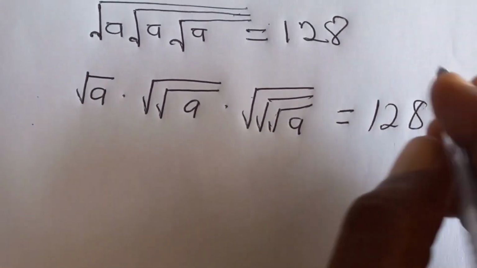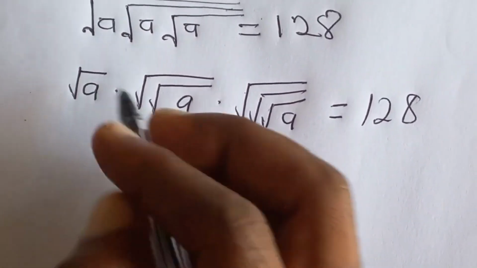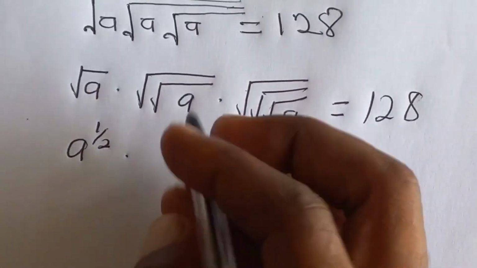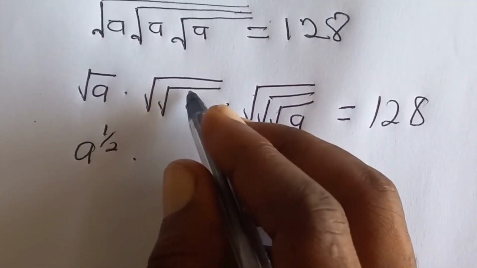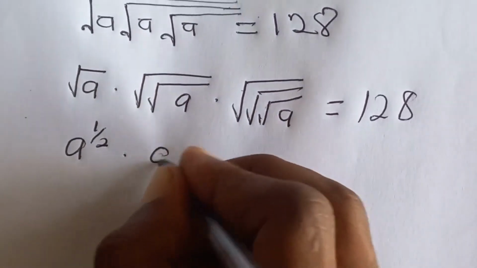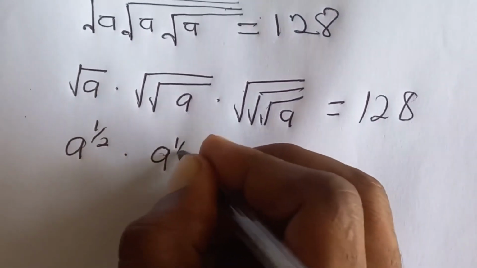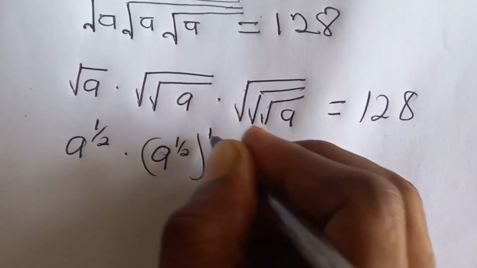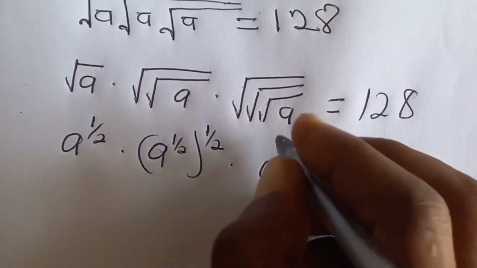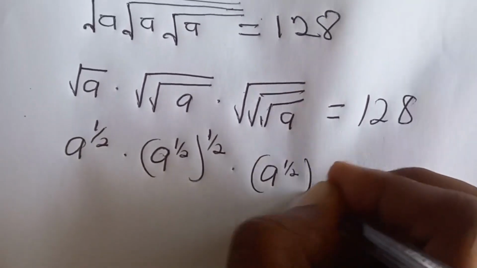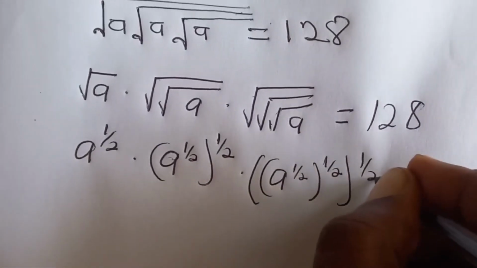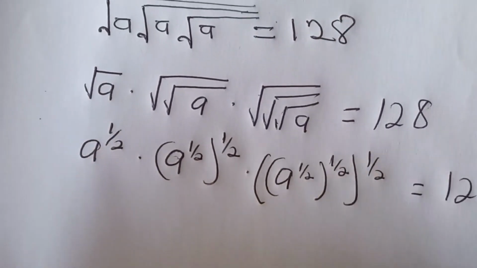Okay, so now we know that the square root of a is the same as a power half. Multiplying by this one, which is the square root of the square root of a, so it's going to be a power half, bracket, power half, multiplied by another a power half, bracket, power half, bracket, power half, which is equal to 128.